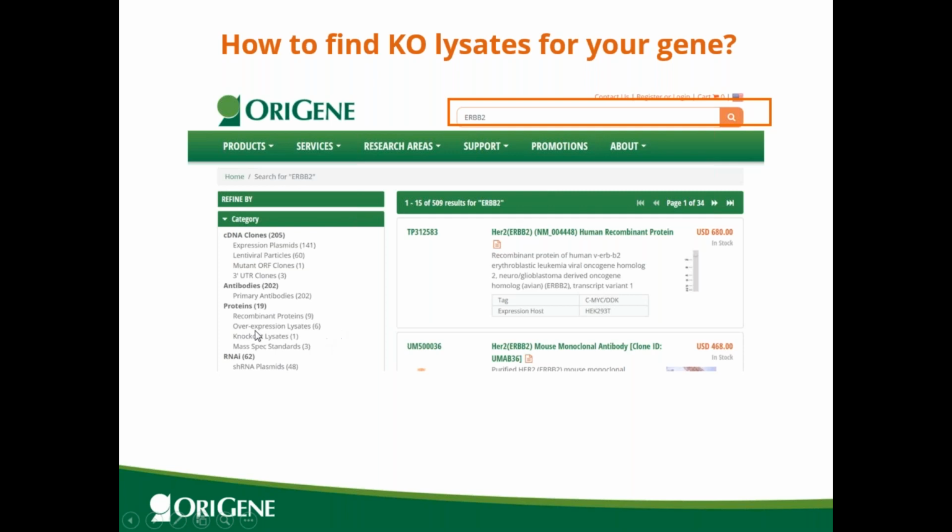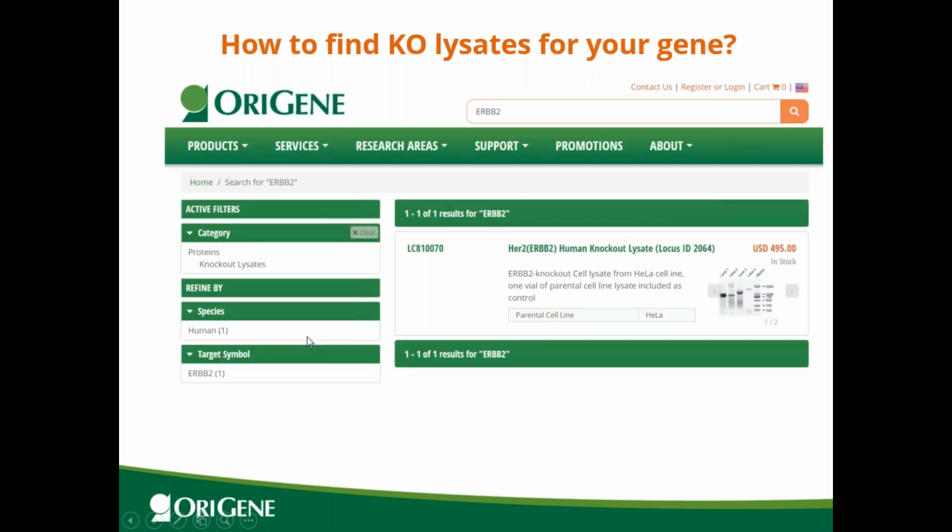If you want a knockout lysate, it can be found under the protein category. Here you see we have only one knockout lysate for this ERBB2 gene. If you click on that, you refine your search to this single product, LC810070. That's the knockout lysate for the human ERBB2 protein.